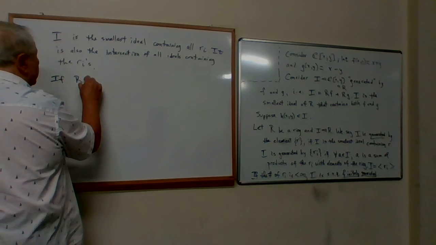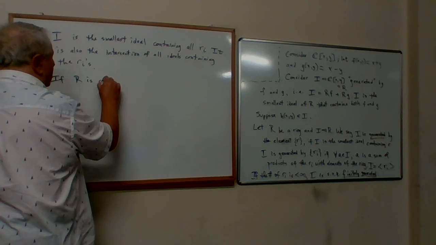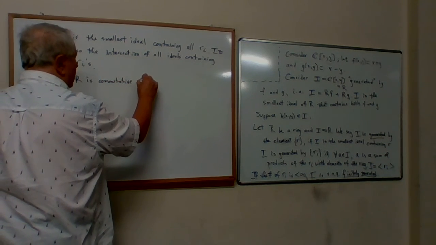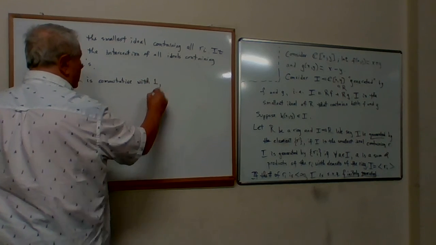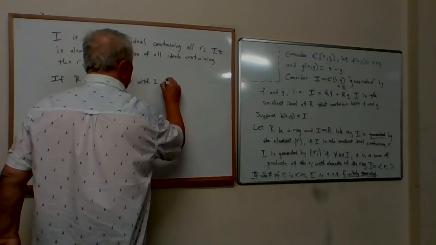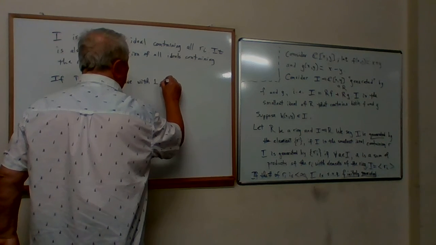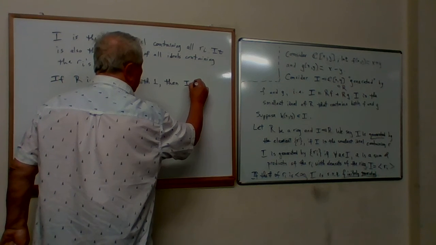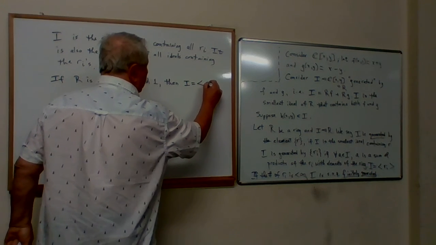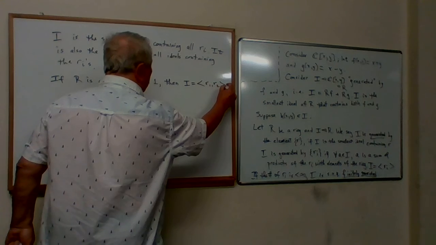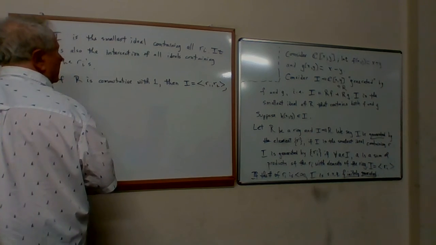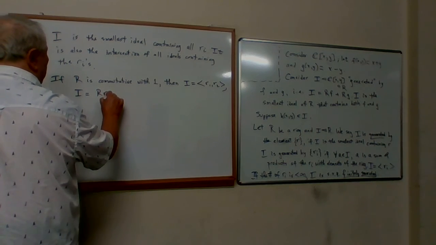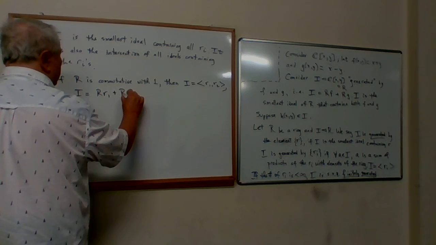If R is a commutative ring with 1, then if I is equal to the ideal generated by r1 and r2, I is equal to R times r1 plus R times r2.